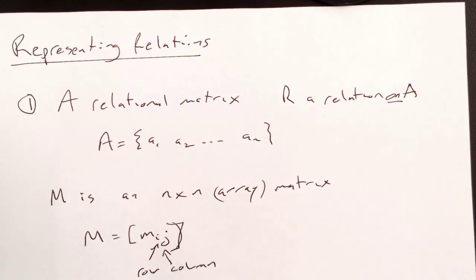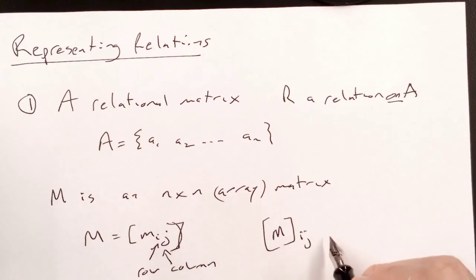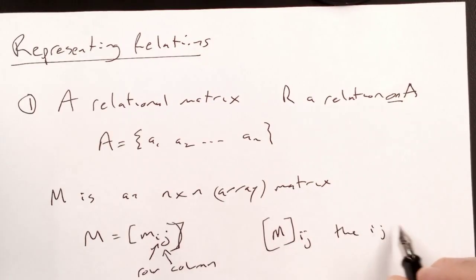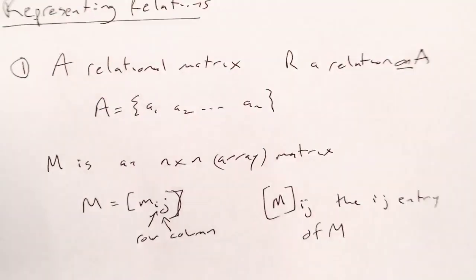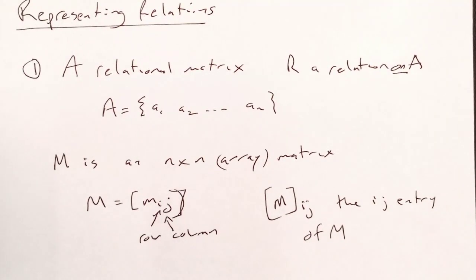And what I'm going to define is that the ij entry of M is either a 1 or a 0. It's a 1 if a_i is related to a_j. It's a 0 otherwise.